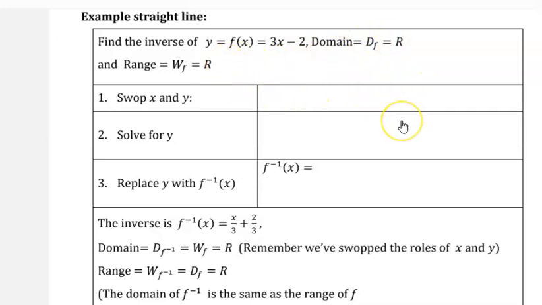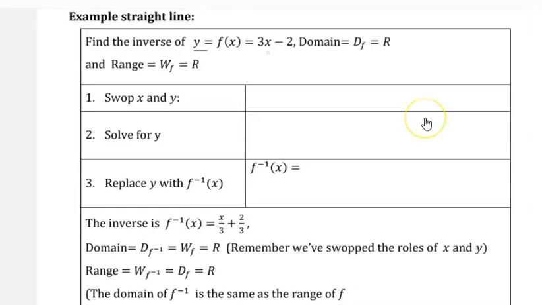So if I swap x and y, now we swap the y and the x, so I will have x = 3y − 2. This is just a swapping. Now I solve for y, so I get 3y − 2 = x.